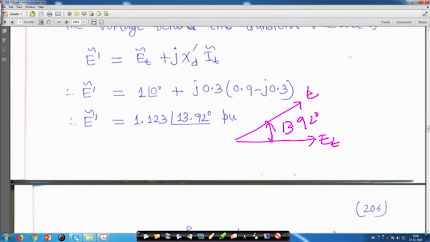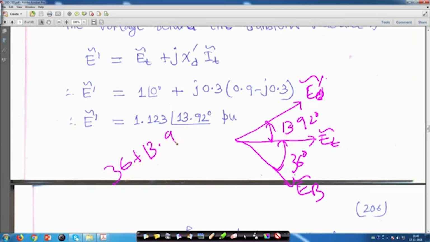This is my E dash tilde, and this is my E t, and as E t is taken as reference, this is my E b, and this angle is 36 degree, right. Therefore, this E dash tilde leads E b by 36 plus 13.92 degree, so that means 49.92 degree. I hope it is understandable to you, right.